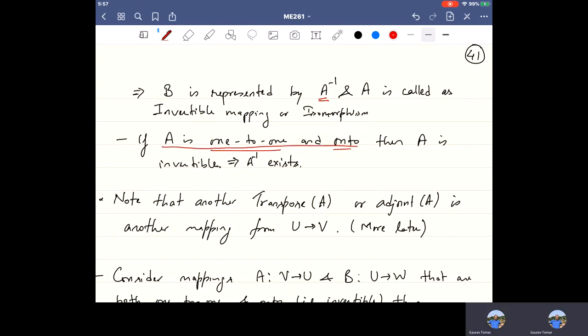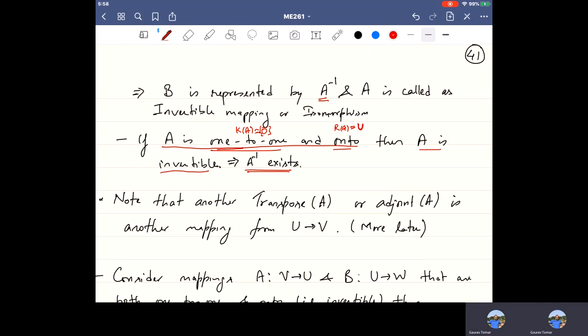We talked about what is one-to-one: it means the kernel of A is just the zero vector, and onto means that the range of A is essentially the same as the space that we are mapping to, U. Then you can say that A is going to be invertible. That means A inverse would exist.